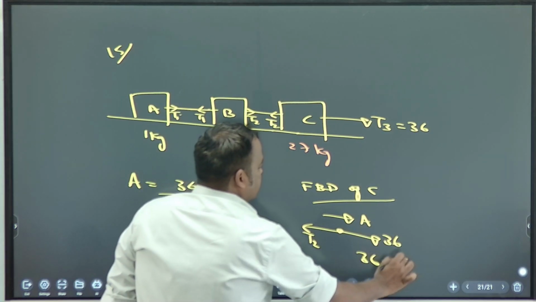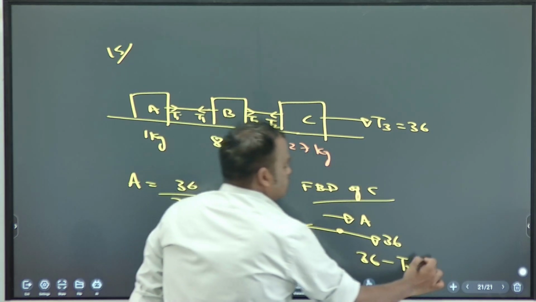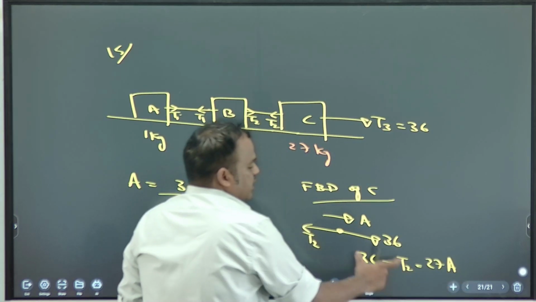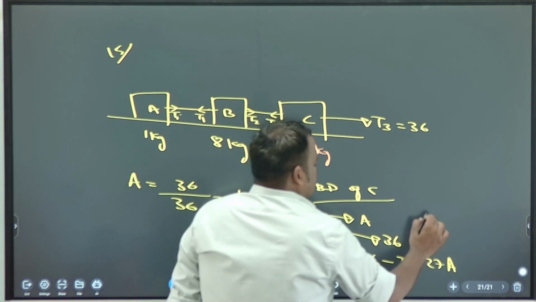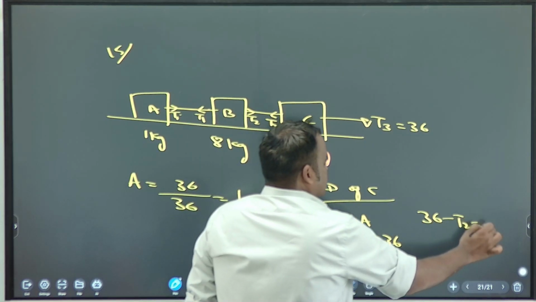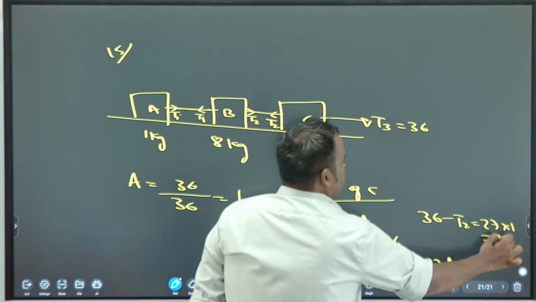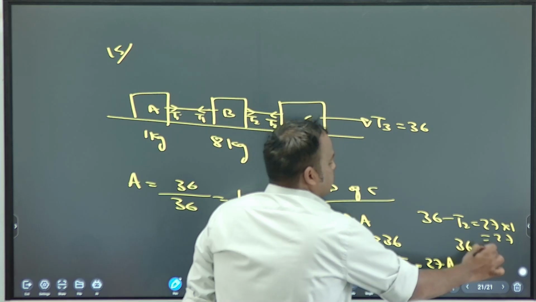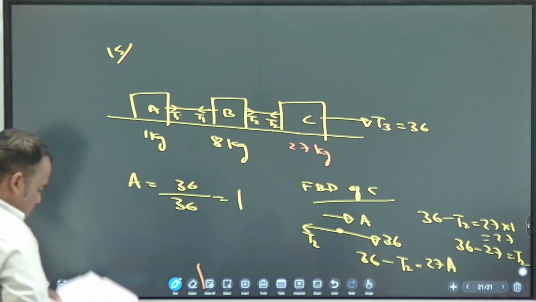So 36 minus T2 is equal to ma, 27a. Net unbalanced force is mass into acceleration. So 36 minus T2 is 27 into 1, so 27. So T2 is 36 minus 27. So what is the answer? 9. T2 is 9. Note down.